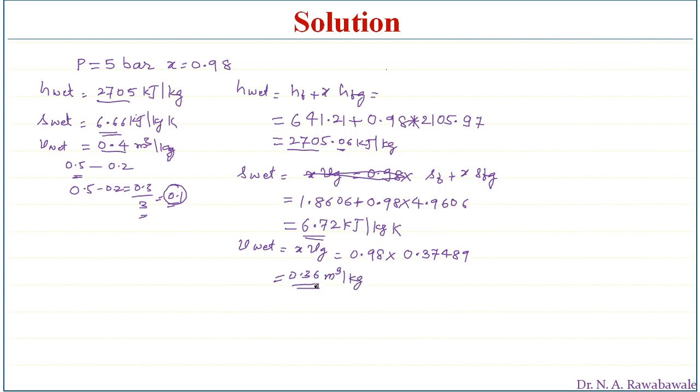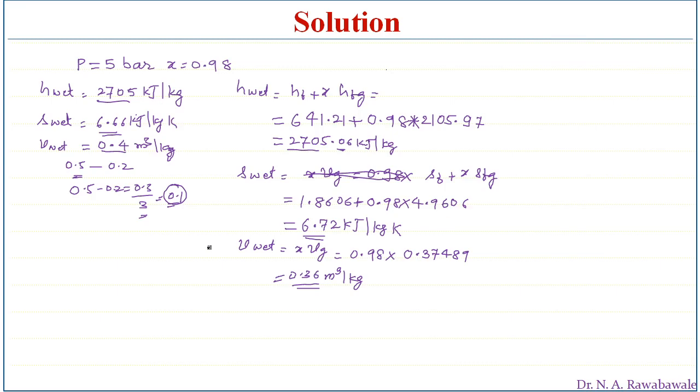So this is the specific volume, here 0.4 and here 0.36. Approximately we obtained a close value. It is always true that in the graphical method we will get approximate results, not accurate results.